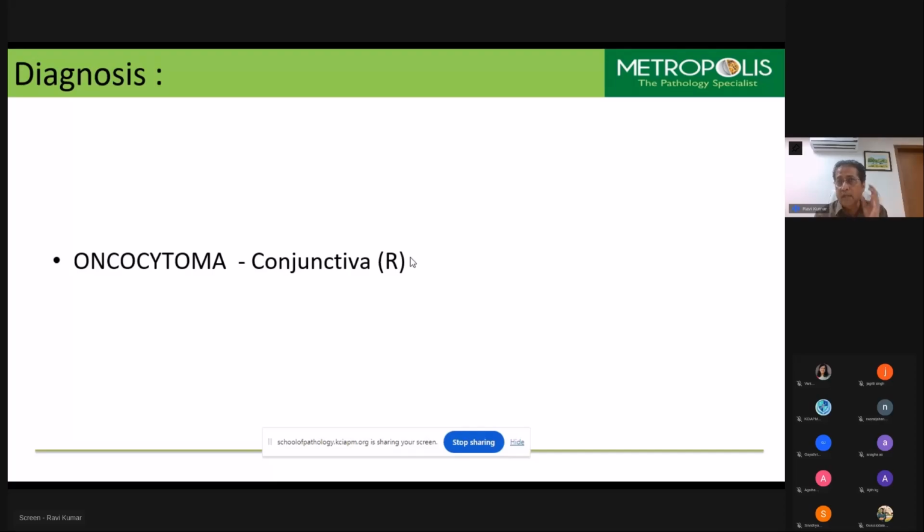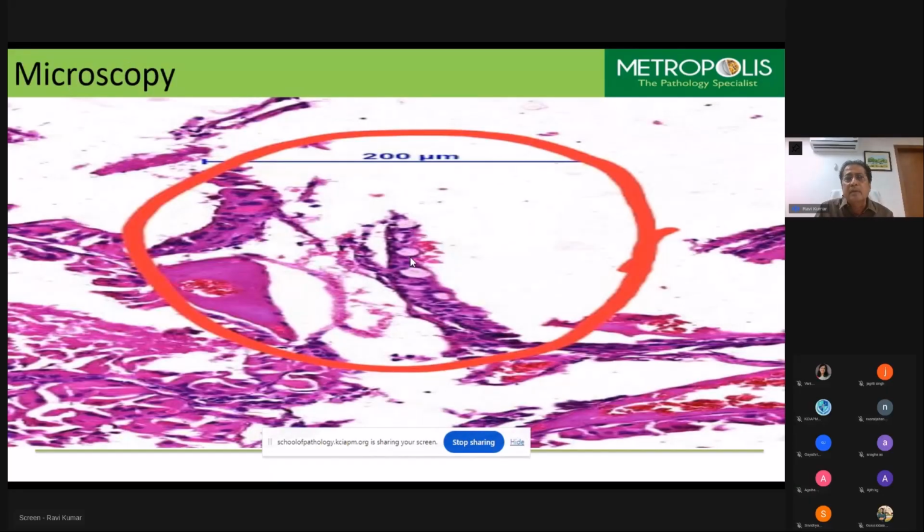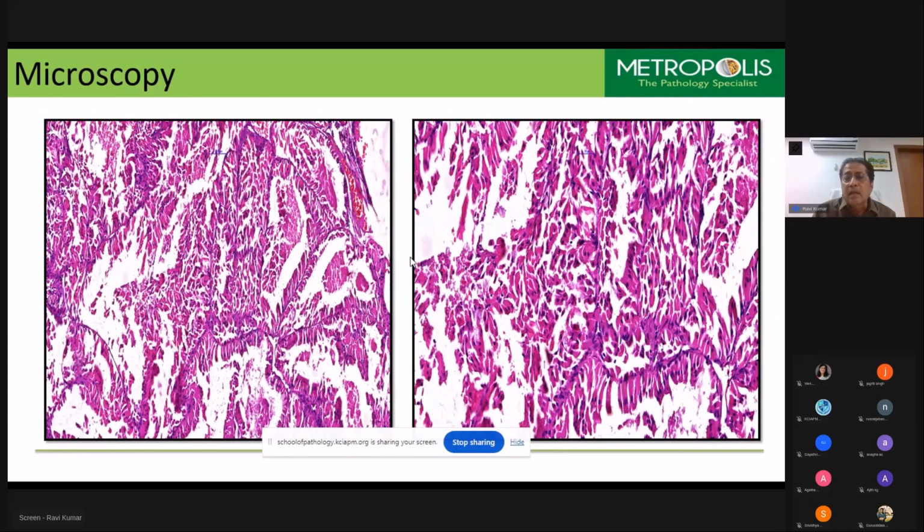If you think it's probably a papillary carcinoma of thyroid, you can go for a thyroid scan, do a thyroglobulin level, and you'll come to know, or ask for the history. Those are difficult things to answer on this particular morphology. But because the morphology is very clear-cut for me, I don't think I should think of anything other than oncocytoma.